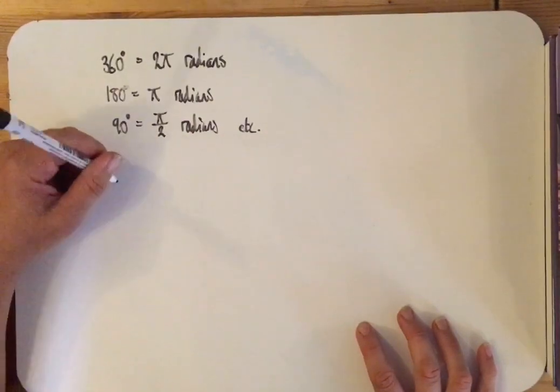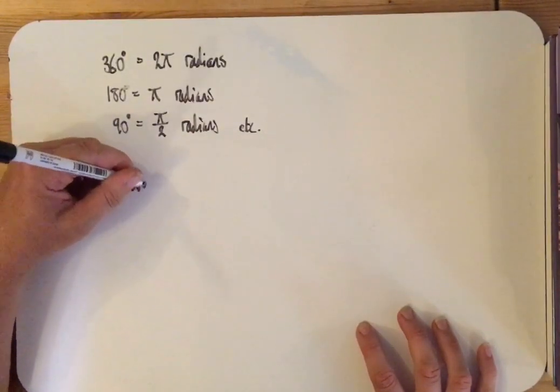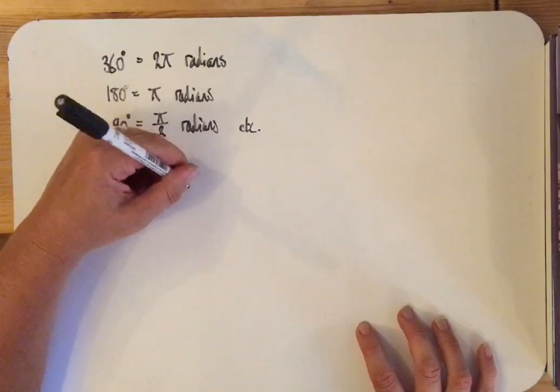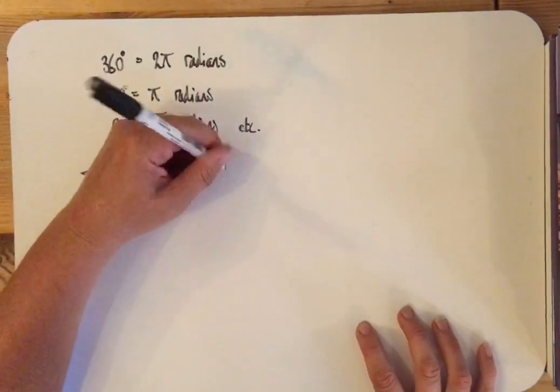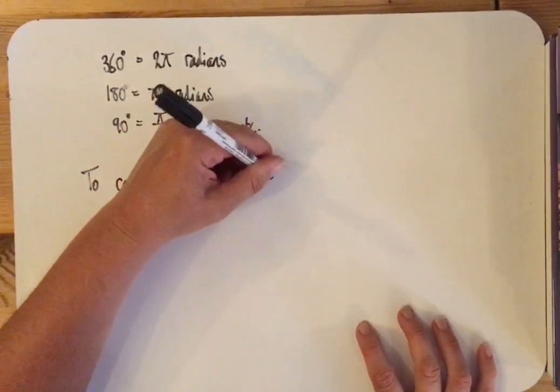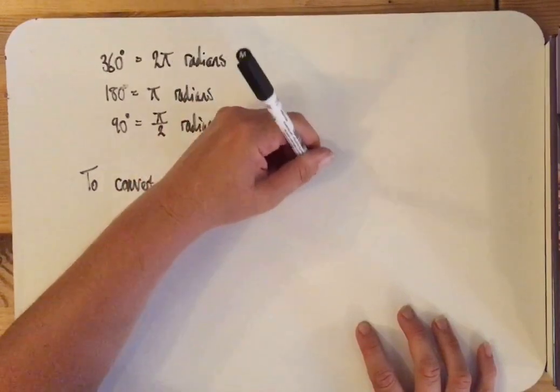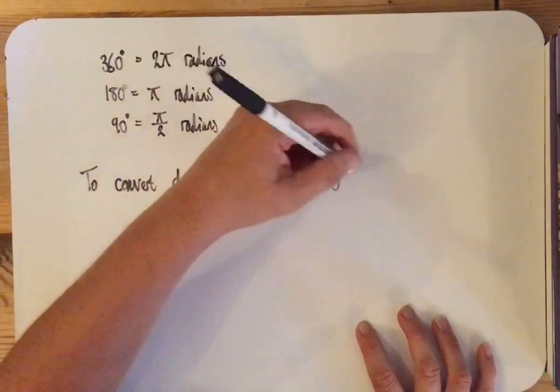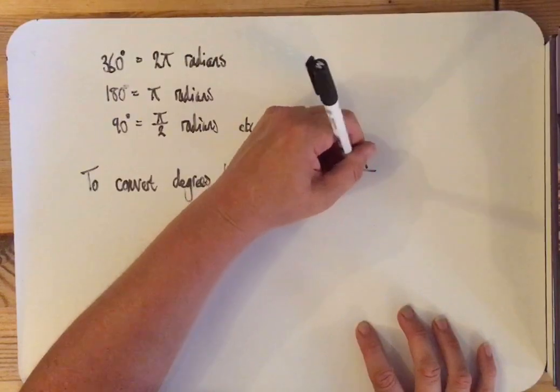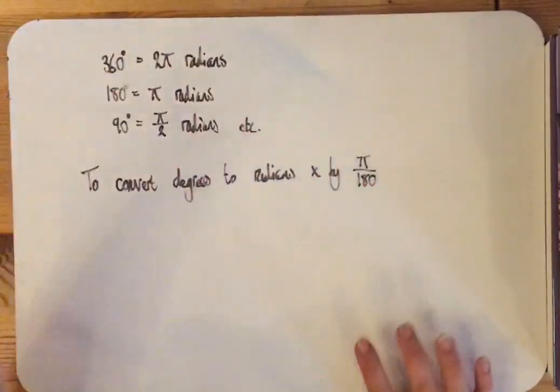To convert degrees to radians, this is probably the most useful thing, especially at the beginning. You times by pi over 180.